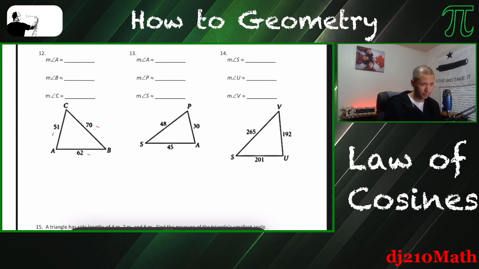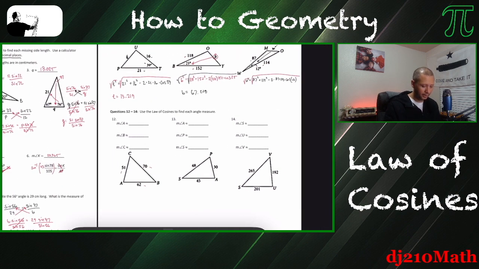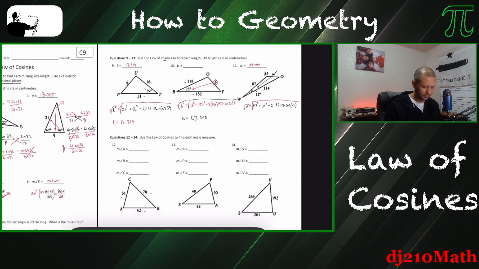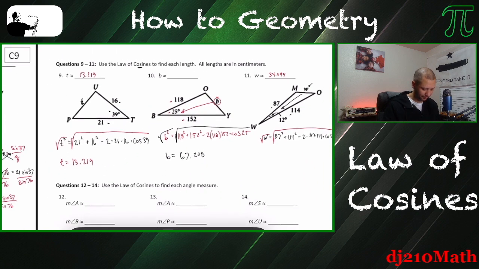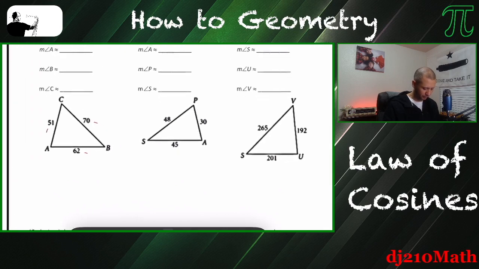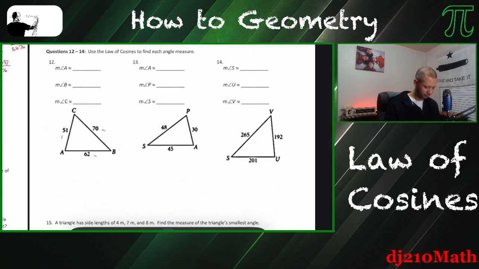So, we're going to utilize law of cosines. Remember, here we had the side we're looking for across from the angle that we know. So it's kind of going to be in reverse. The angle we're looking for needs to be across from the side that we know. So let's solve for a first. So a is across from 70.